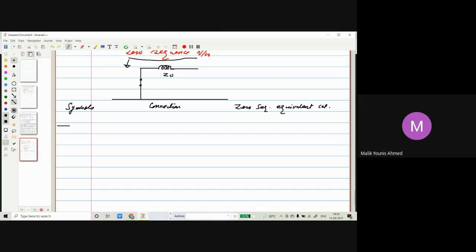The transformer symbol is like this. This is the primary side, this is the secondary side. The primary side winding is star connected, neutral grounded. The secondary side is star connected. So when we have to draw that, this will be like this.